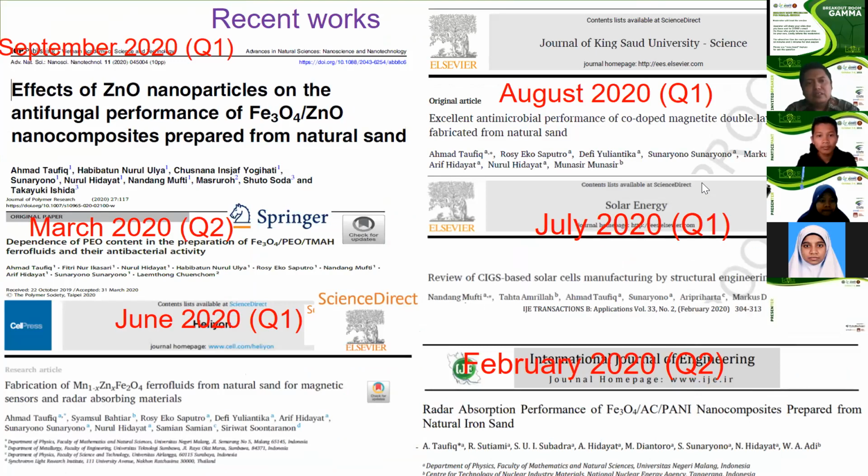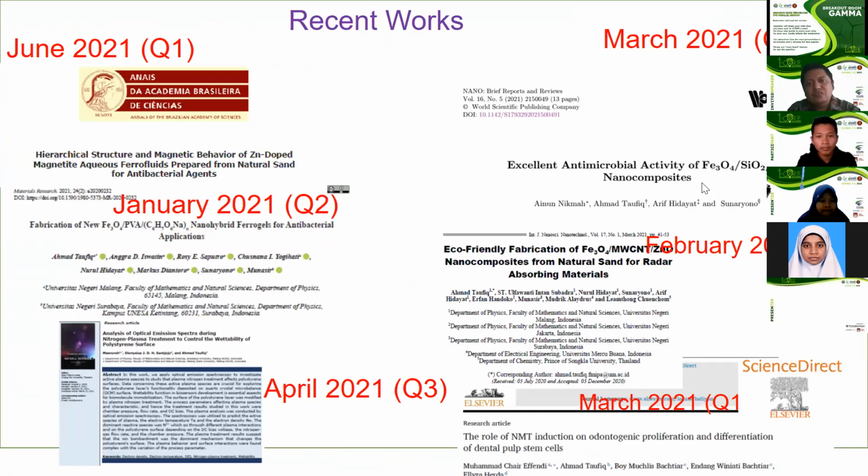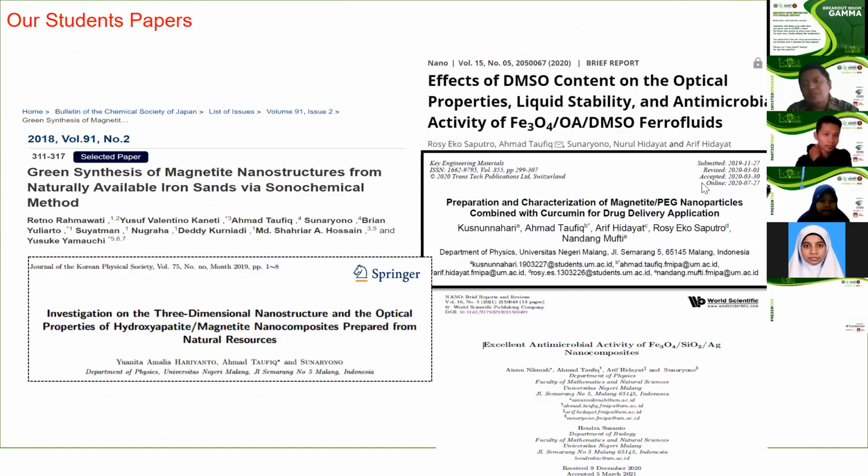This is from 2020, and this is from this year, some as corresponding author and some as first author. This is our student paper from undergraduate and master students. So we have several undergraduate and master students who can publish as first author.